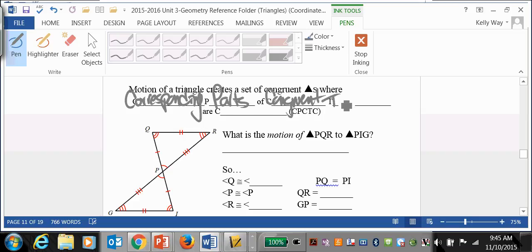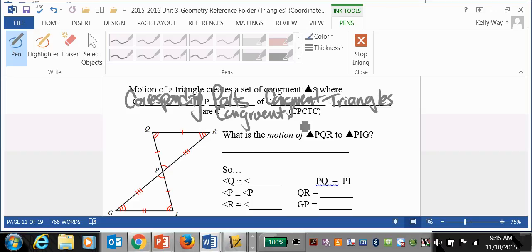Corresponding parts of congruent triangles are congruent. You're going to see this on Alex, so you need to recognize it. Say with me.